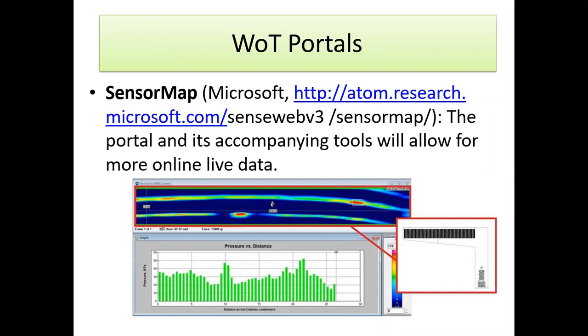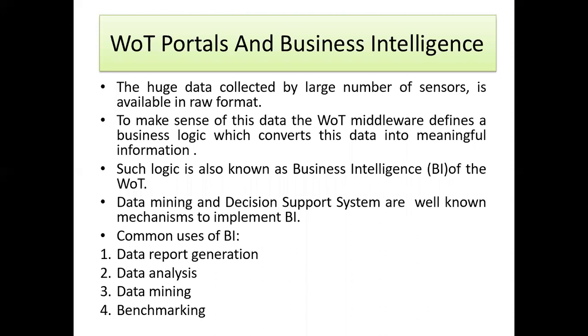Now the next point is business intelligence. Here you can see the use data, which means big data. The use data is collected by a large number of sensors, and that data is available in raw format.